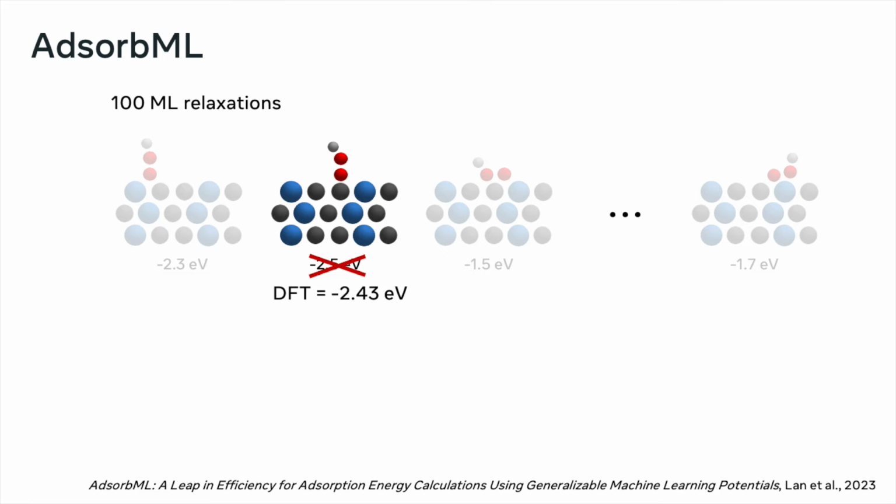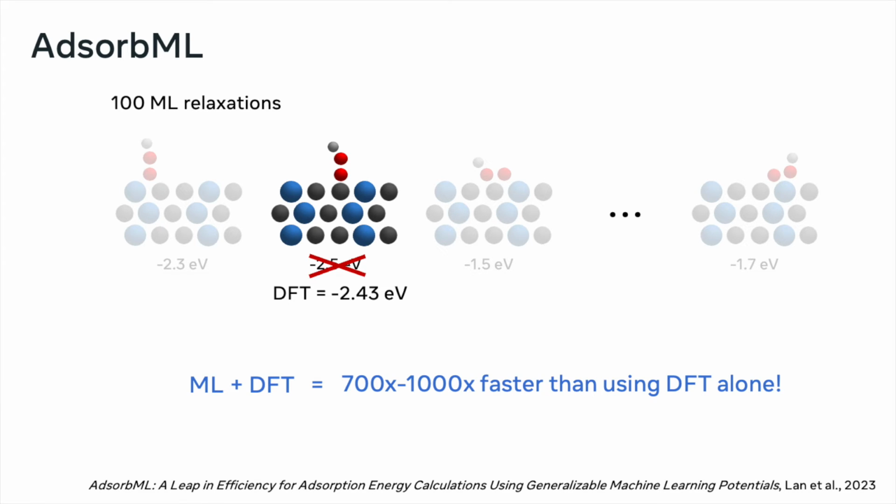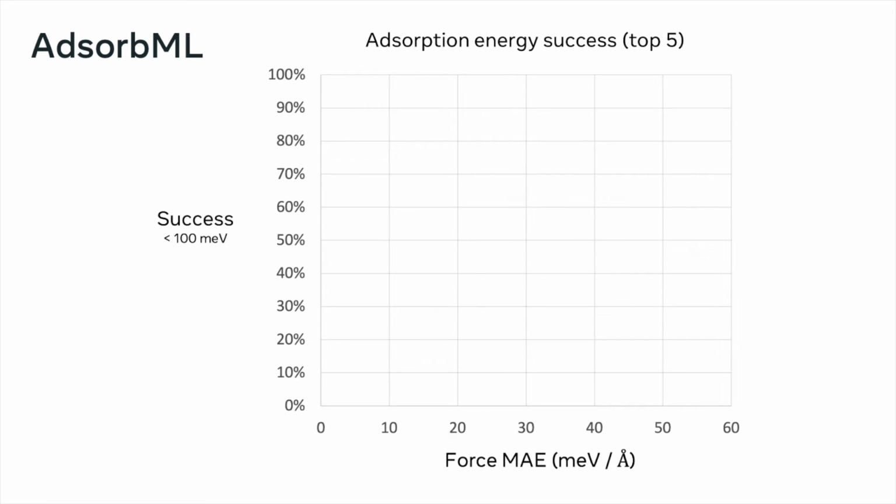And by using this hybrid machine learning and DFT approach, we can basically calculate adsorption energies 700 or 1,000 times faster. But the real question is, are they more accurate? And here what we're doing is we're plotting the force MAE of the models on the x-axis and the success rate on the y-axis. And that's like, is it within 100 meV in estimating the energy?